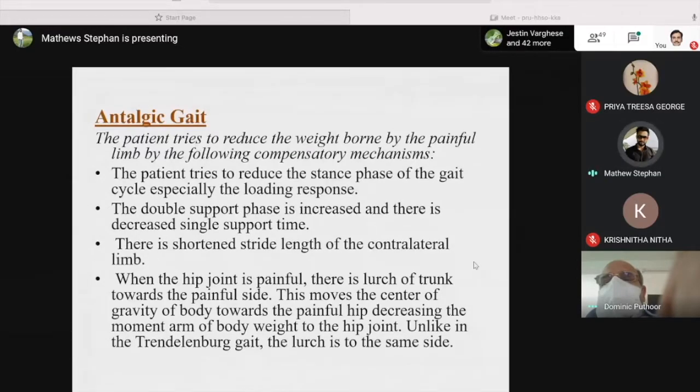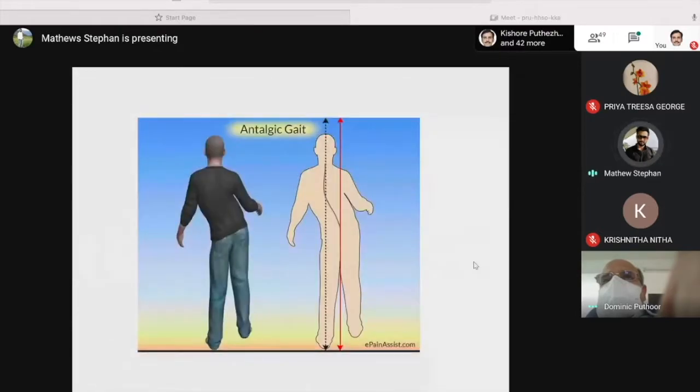This moves the center of gravity of the body towards the painful hip, decreasing the moment arm of the body weight to the hip joint. Unlike in central lumbar gait, the lean is towards the same side, that is the ipsilateral side where the pain is there. So this is the image showing the antalgic gait, where the left side of the patient is pathological and he is leaning towards the ipsilateral side.